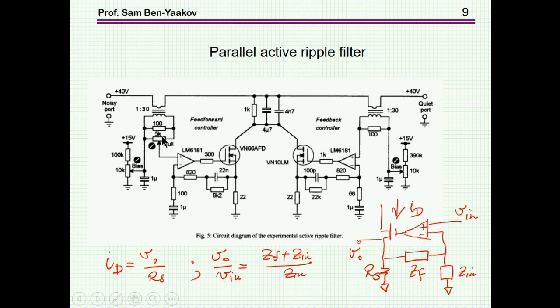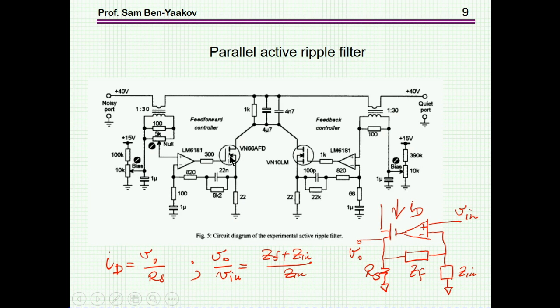Let's start with the left side, where we have a current sensor, and the current reflected to the output is now dropped on this resistor. Part of it is sensed and fed to this amplifier. Also, there is a DC bias here, which sets the gate of this transistor to the linear region.